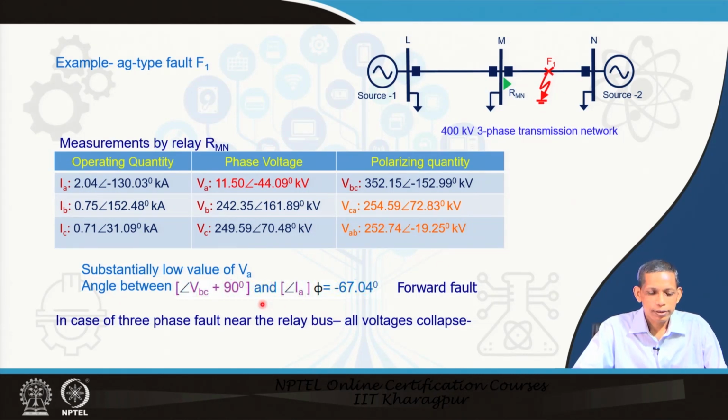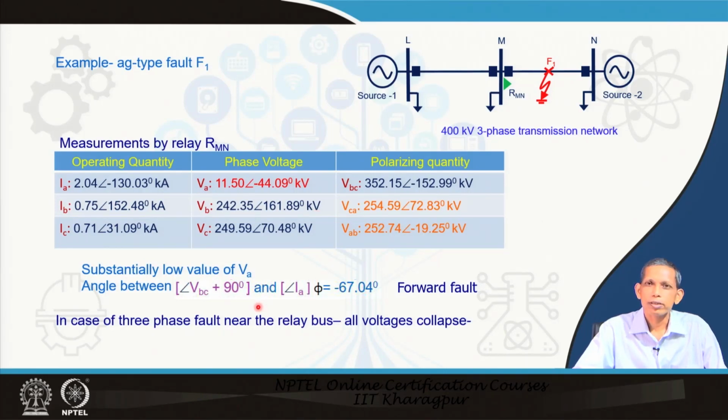So, we see that in case the phase voltage is significantly low, the better option is that the quadrature component can be used. That is why it is very common that instead of using the phase component of voltage, relays generally take the option of quadrature components, because most of the faults are line to ground faults.